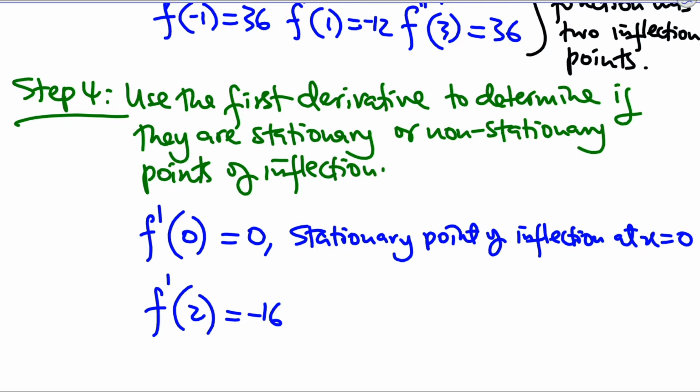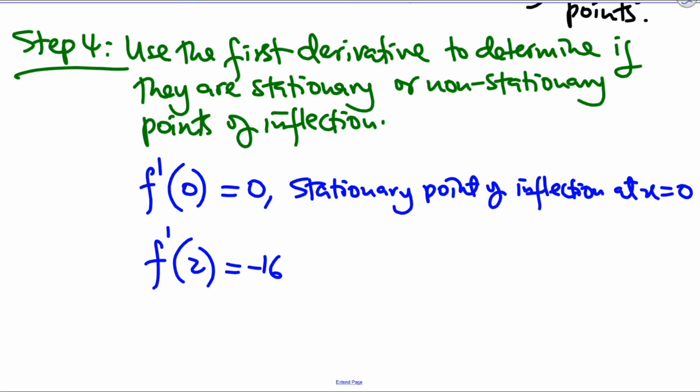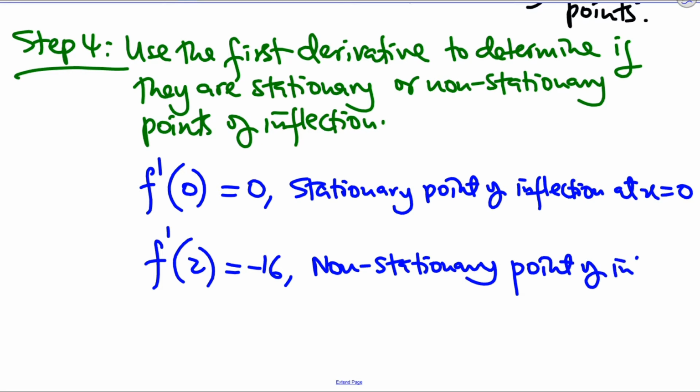And what does the second one mean? Because the first derivative is not equal to 0, it means that a non-stationary point of inflection occurs at x equals 2.